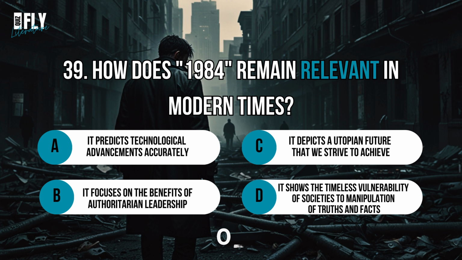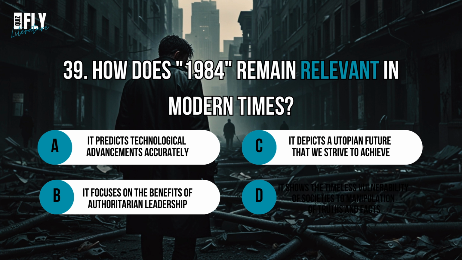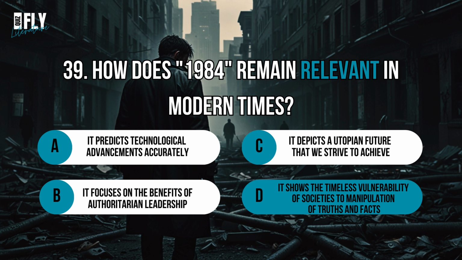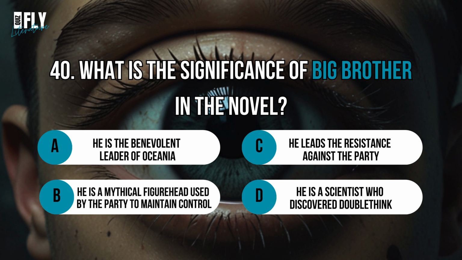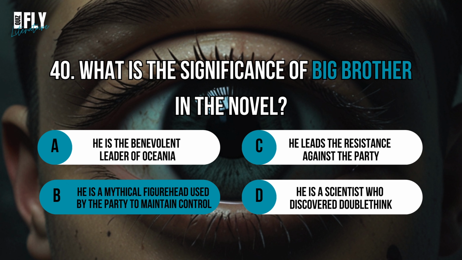It shows the timeless vulnerability of societies to manipulation of truths and facts. What is the significance of Big Brother in the novel? He is a mythical figurehead used by the party to maintain control.